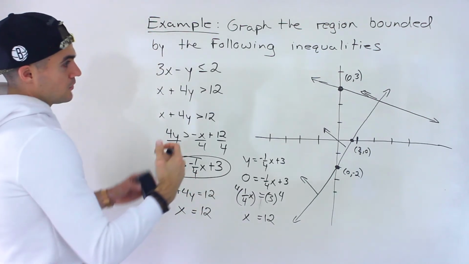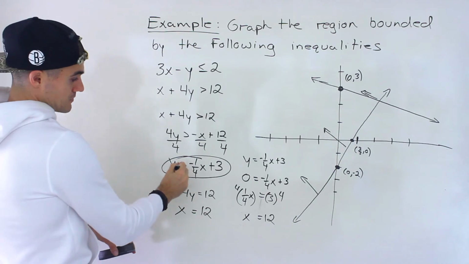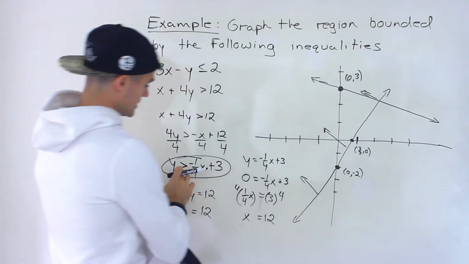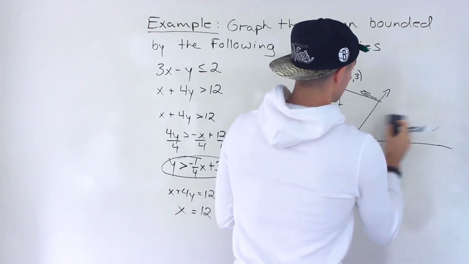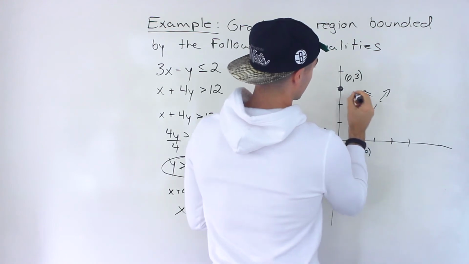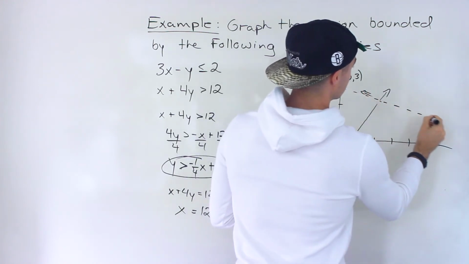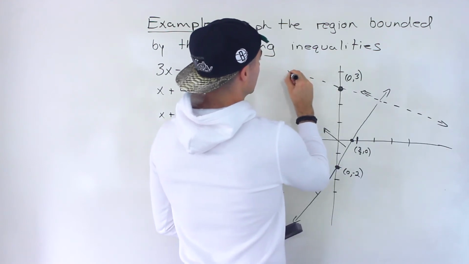And it's basically going to be all the y values above this line, right? Because we have this here. Now, because it's just greater than, not greater than or equal to, it's actually going to be a dotted line here. Like that.